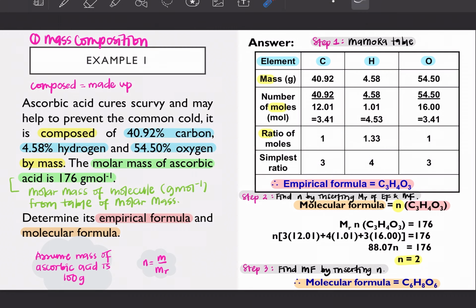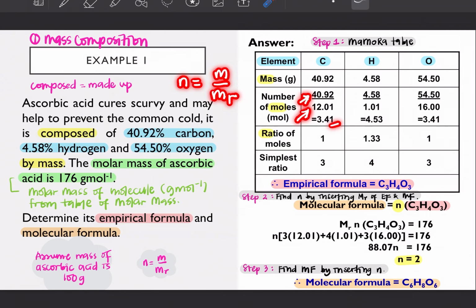So recall balik, to find number of moles, you can use mass over molar mass. Here you are putting the mass of carbon and then the molar mass of your carbon. Ini boleh cari dekat dalam table lah.